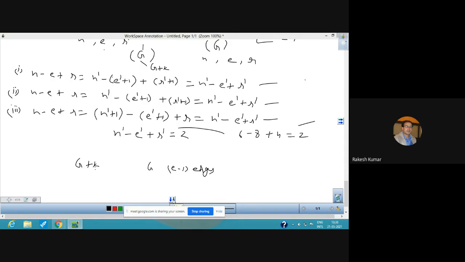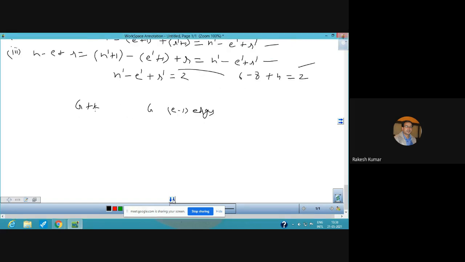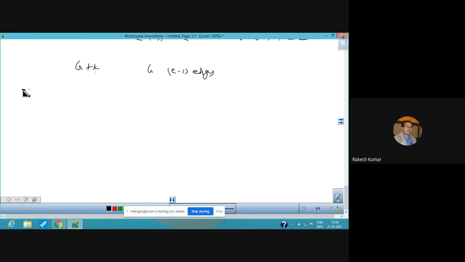The Euler's formula is very much helpful. Now we have a question. A connected planar graph has 10 vertices and the degree of each vertex Vi is 3. Into how many regions does a representation of this planar graph split the plane? So n is 10, degree of each vertex is 3.